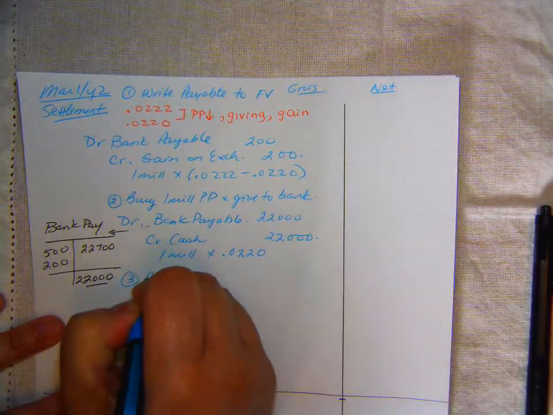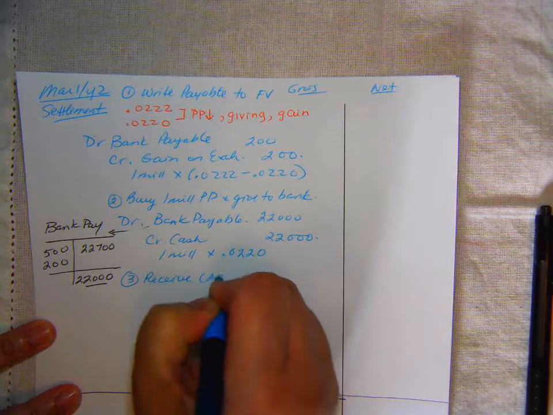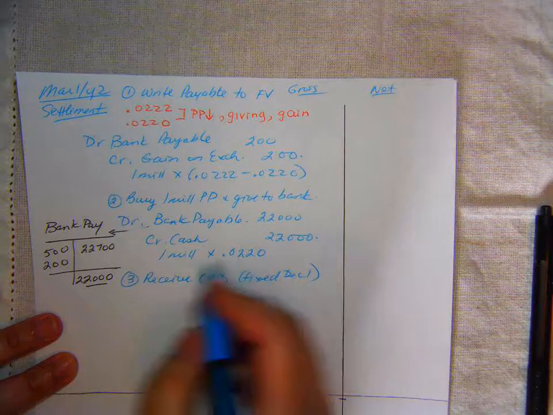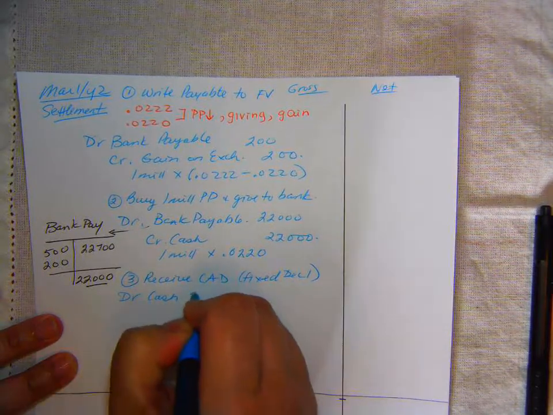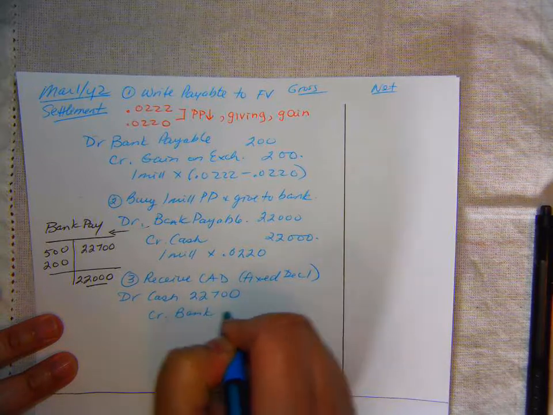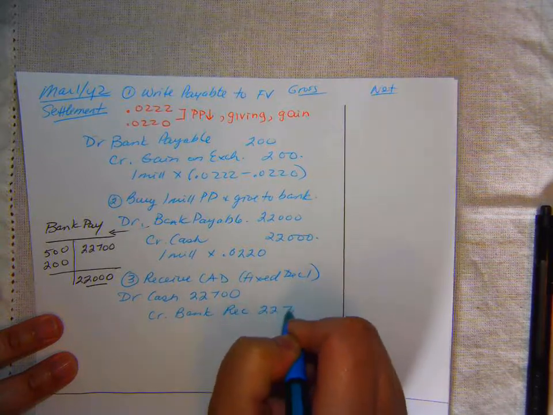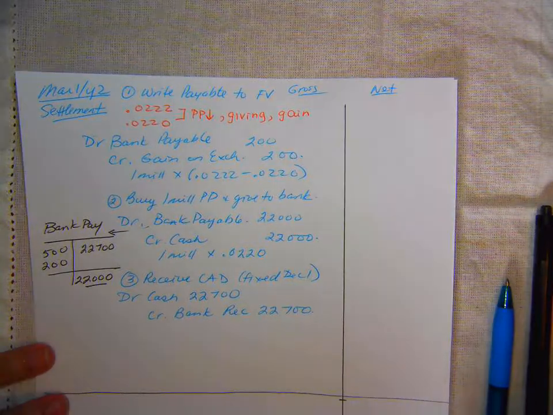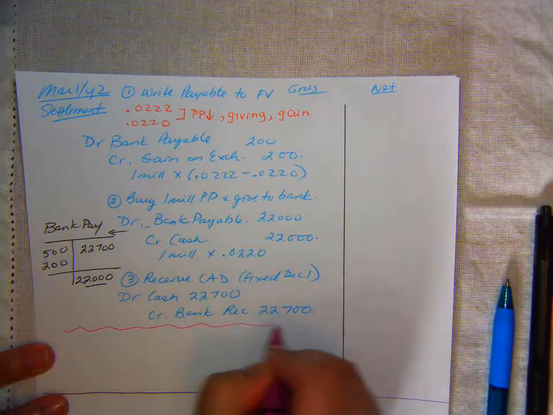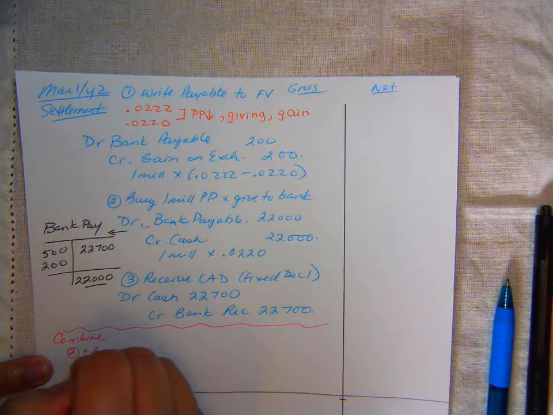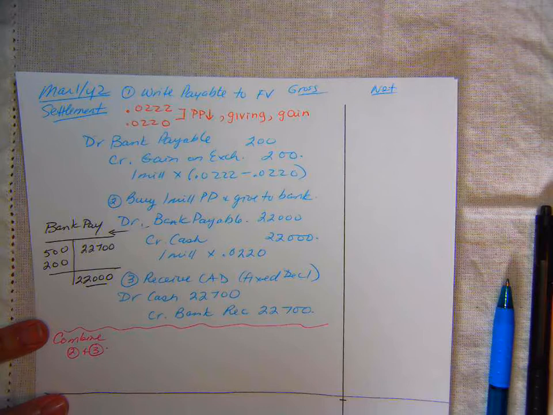Finally, we're going to receive Canadian dollars, which was fixed, just because they're Canadian dollars. So we're going to debit cash 22,700 and credit bank receivable of 22,700. Now, if you want, you can combine 2 and 3, because that's often how they're settled.